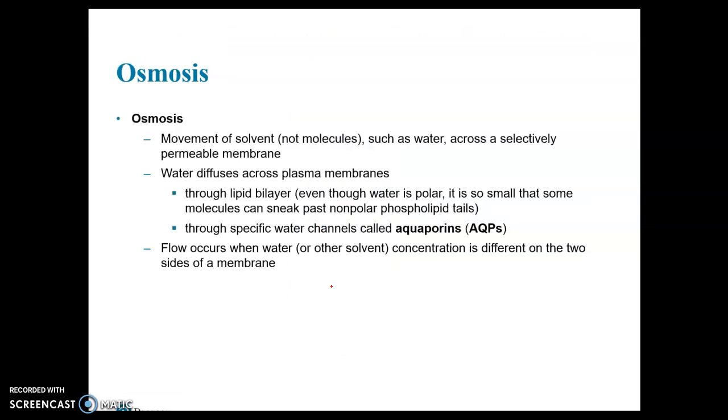And then we have osmosis, which is another type of passive transport. It is the diffusion of water across the plasma membrane. It can be through the lipid bilayer because water is small, but a lot of times it is through aquaporins, which are channel proteins specifically for water.